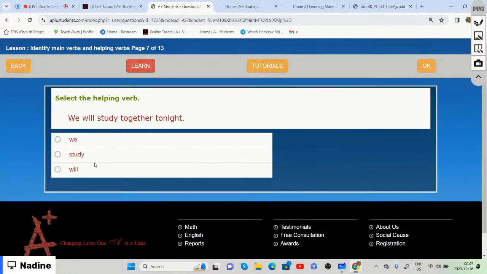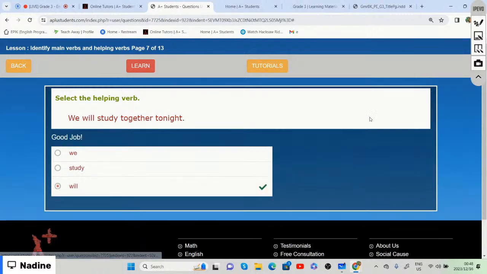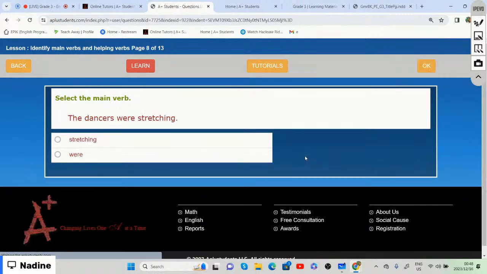Or is it will? All right, and if we select the helping verb, we will select will, right? So will is our helping verb, and it shows the future tense.